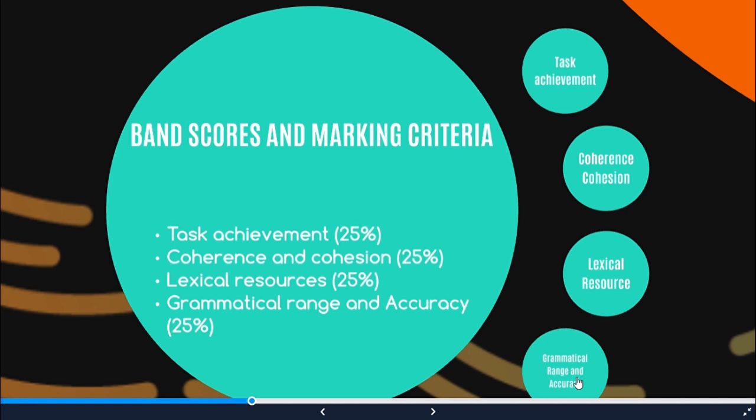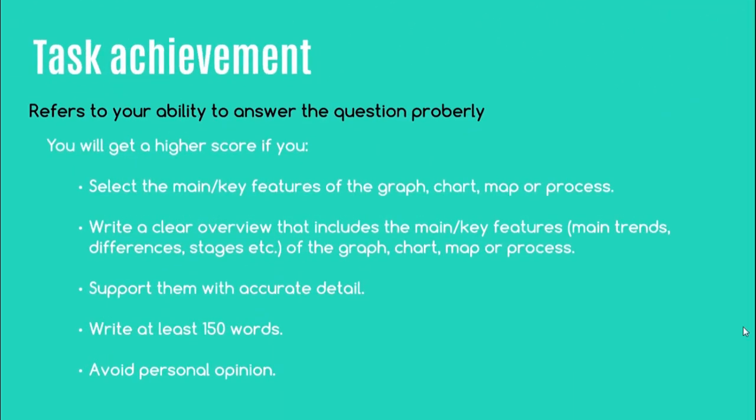Lexical resources basically means what range of grammar you used and what kind of sentences you have given, whether they are structured sentences or not. If you make grammatical mistakes, your marks are definitely going to be deducted. Try to use different synonyms. Don't repeat each and every word, for task 1 as well as for task 2. Achievement refers to your ability to answer the question properly.